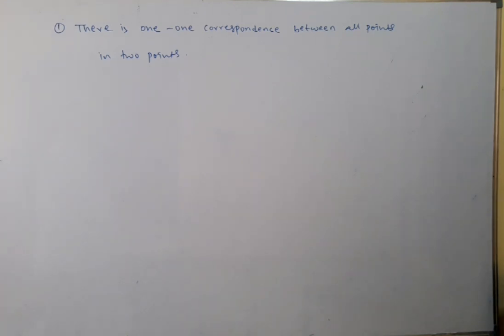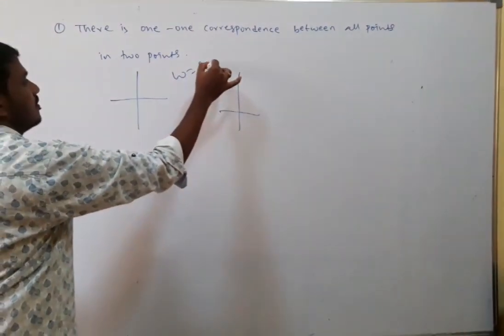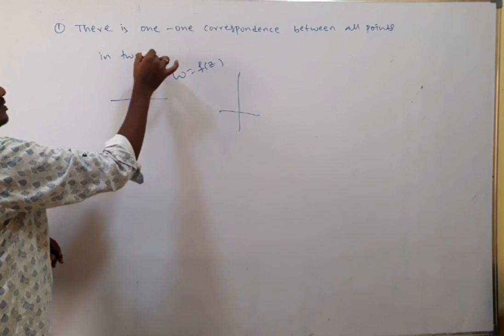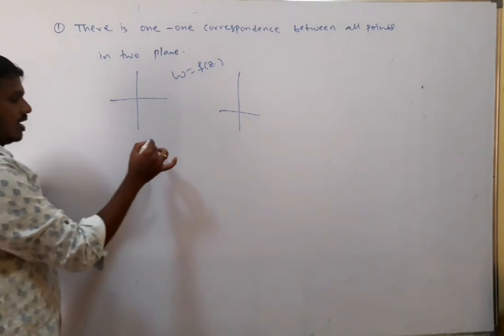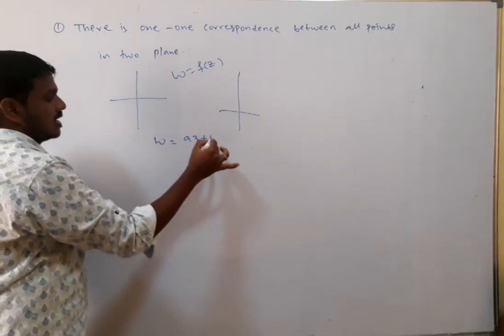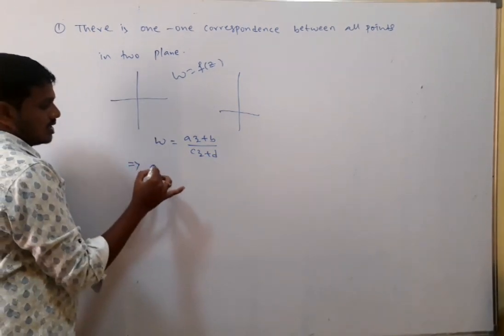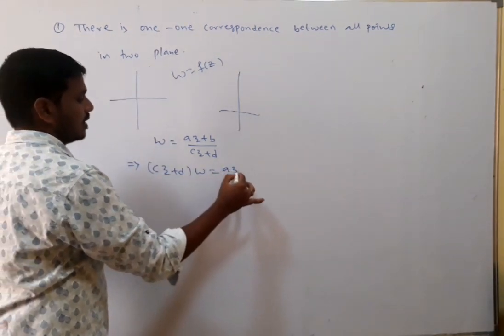There is a one-to-one correspondence between all points in the two planes. Here it is the z plane, here it is the w plane. The transformation is w equals f of z, which is a bilinear transformation. According to the statement, there is a one-to-one correspondence between the two planes. Suppose we have the bilinear transformation w equals az plus b divided by cz plus d. Now I write (cz plus d) times w equals az plus b.